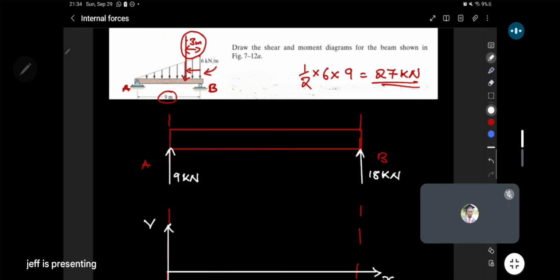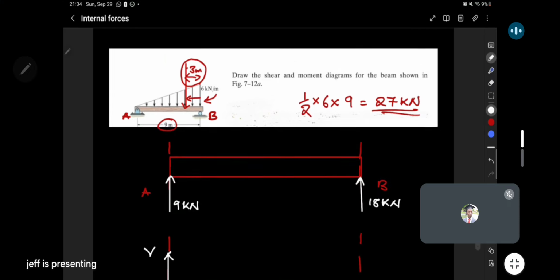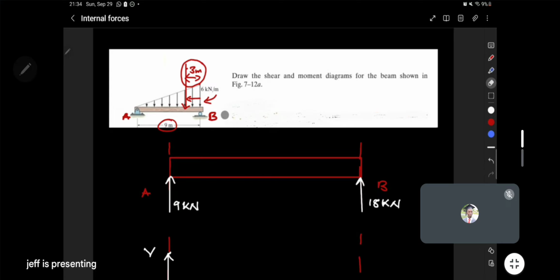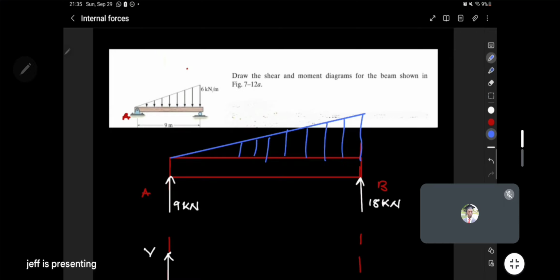Okay, now everywhere else in between we have that distributed load. Let's show the distributed load. So this is stretching from here, going all the way up to the far end. Okay, so this is what we have here, maximum 6 kilonewton per meter.